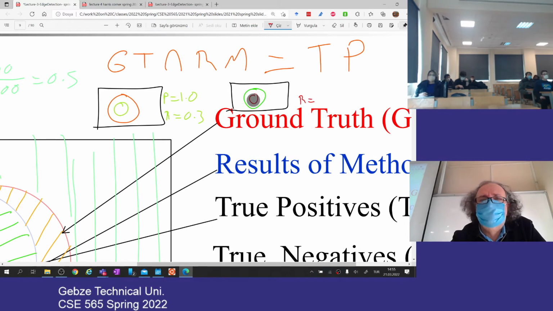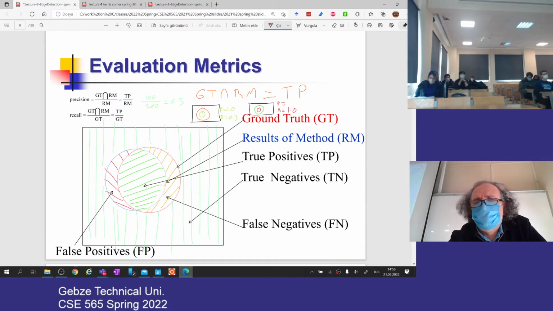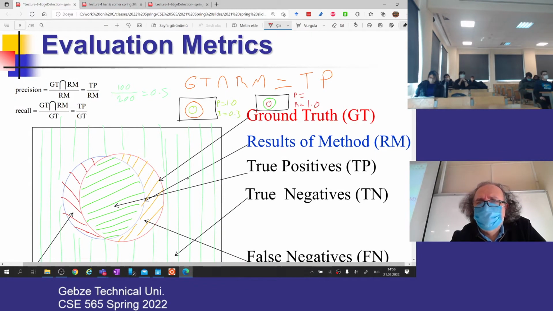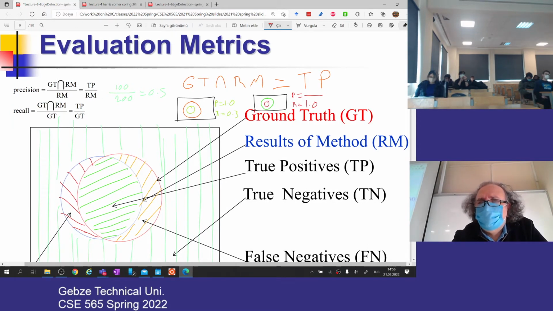My ground truth is this red circle. Then in this case, recall is going to be 1.0. But how about my precision? The formula for precision is true positives over results of our method. The result of our method is the red one, very large. True positives are the green part. Again, it's going to be around 0.3.